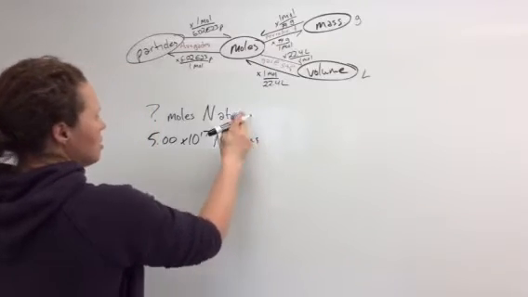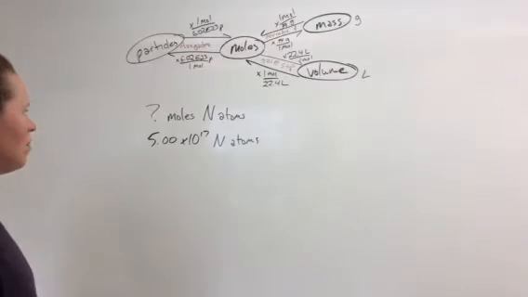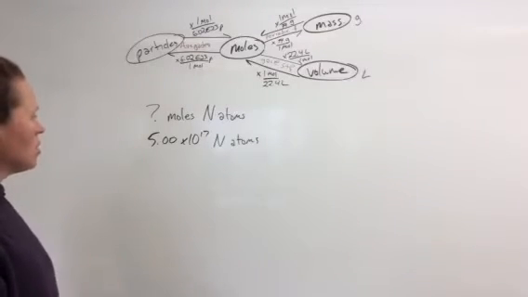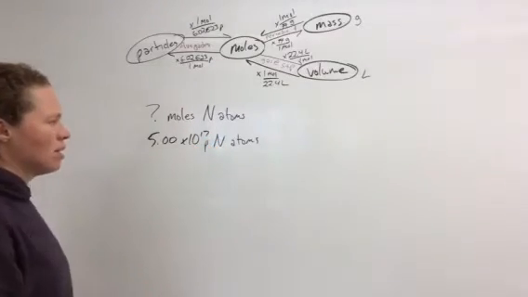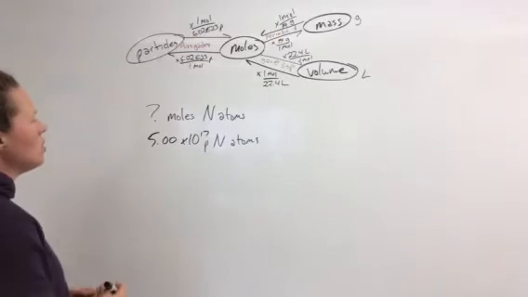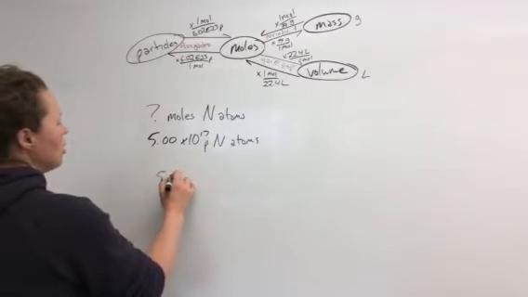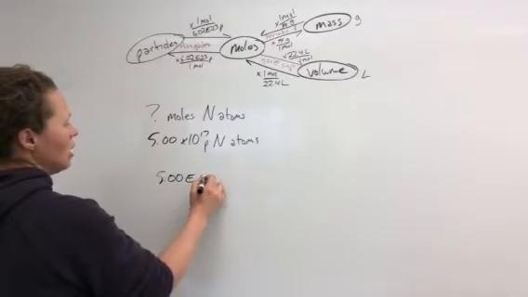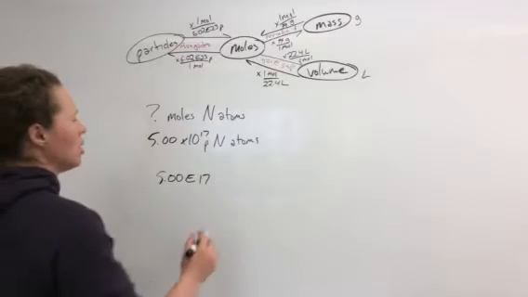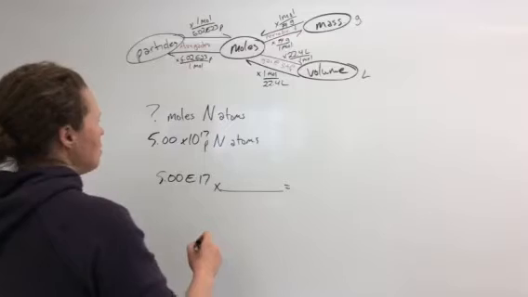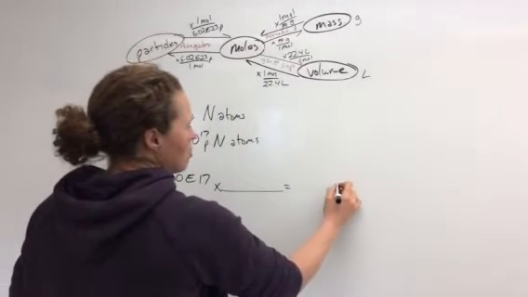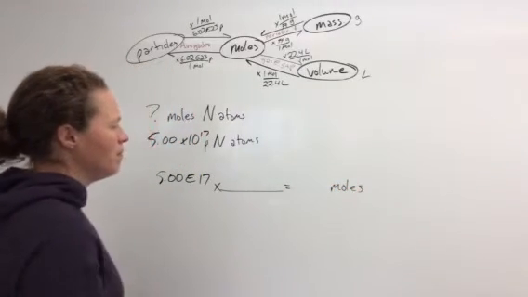So I know that these numbers go together, they're both nitrogen atoms. And I want the moles, and I'm given how many I have. So I could say that this is particles of nitrogen atoms. So I start with what I'm given, and I could just write E17 because that's how you're going to put it in your calculator. Multiply it by, and I want moles, so I'm going to write moles down here.